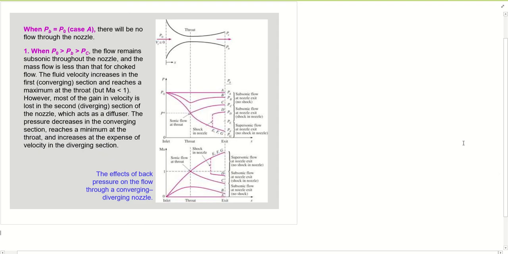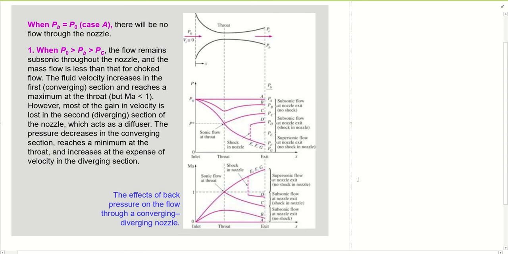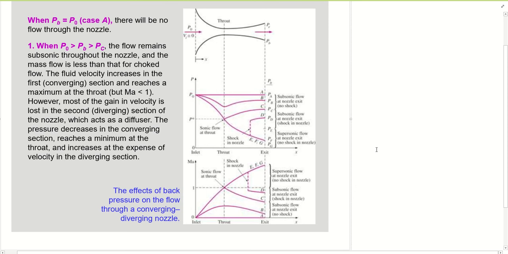Similar to the converging nozzle, we need to identify what happens at the throat when we set the back pressure. Before this, for the converging nozzle, it was only at the condition P exit equal to PB, depending on what we set for the back pressure.